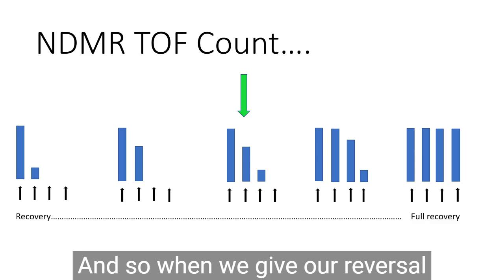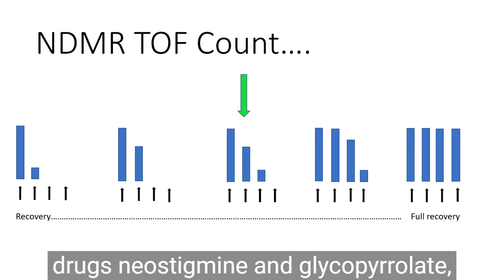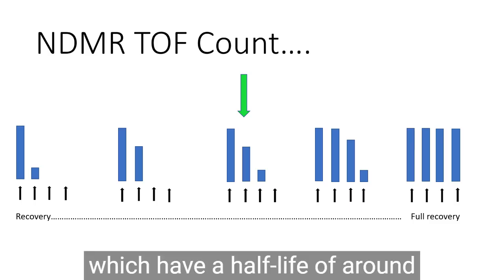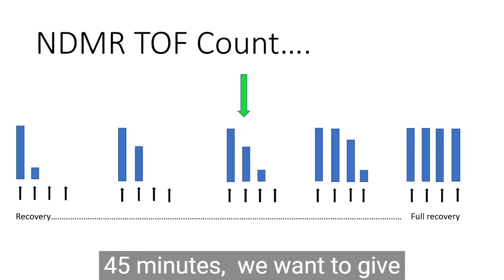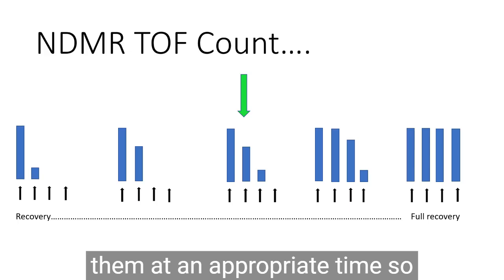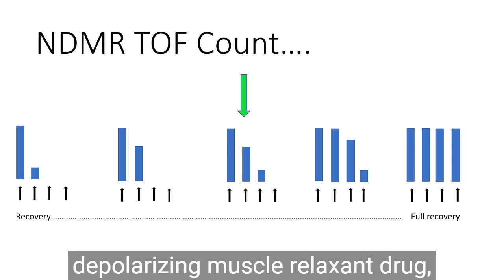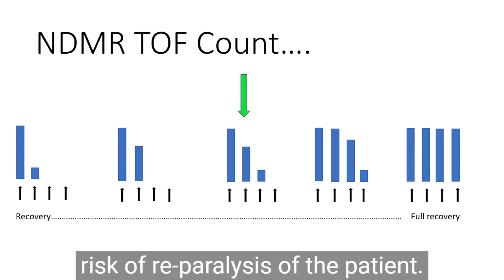And so when we give our reversal drugs, neostigmine and glycopyrrolate, which have a half-life of around 45 minutes, we want to give them at an appropriate time so that they cover the remaining non-depolarizing muscle relaxant drug and they significantly reduce the risk of reparalysis of the patient.